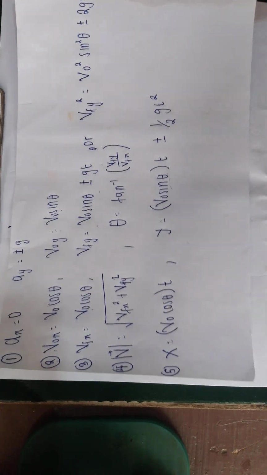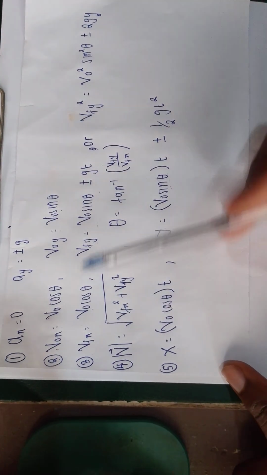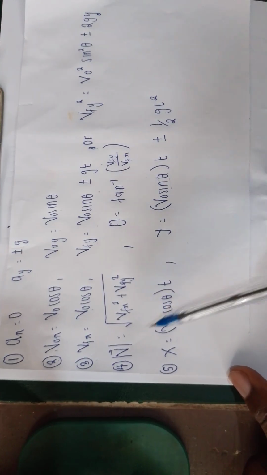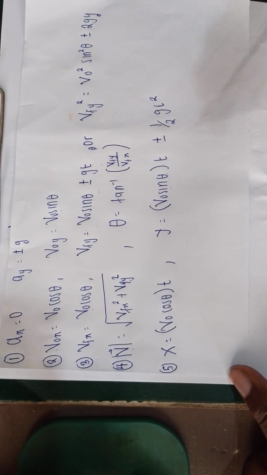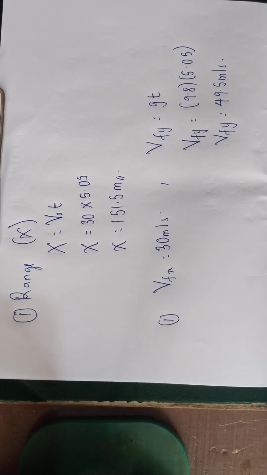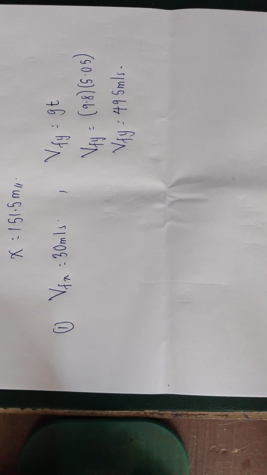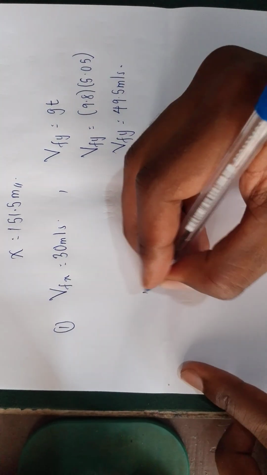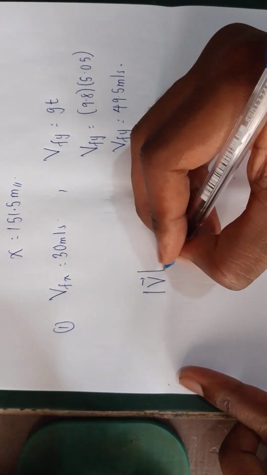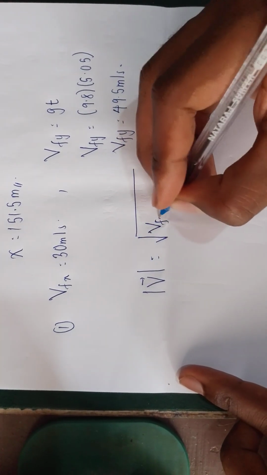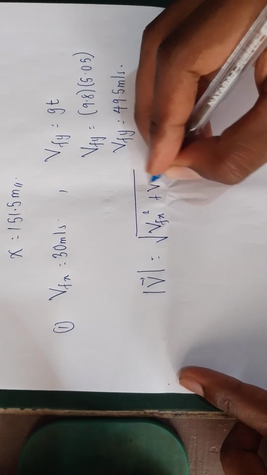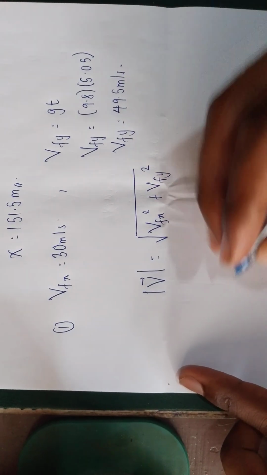So if you remember, we said when you determine the final velocity in the x, also determine the final velocity in the y, you're supposed to have the magnitude and direction. So if we have the final velocity in the x, also have the final velocity in the y, we can determine the magnitude. So you can say the magnitude of the velocity will be given by the square root of the final velocity in the x squared plus the final velocity in the y squared.